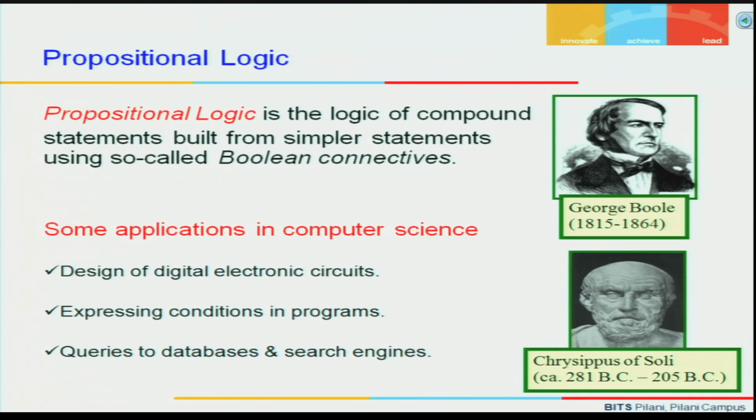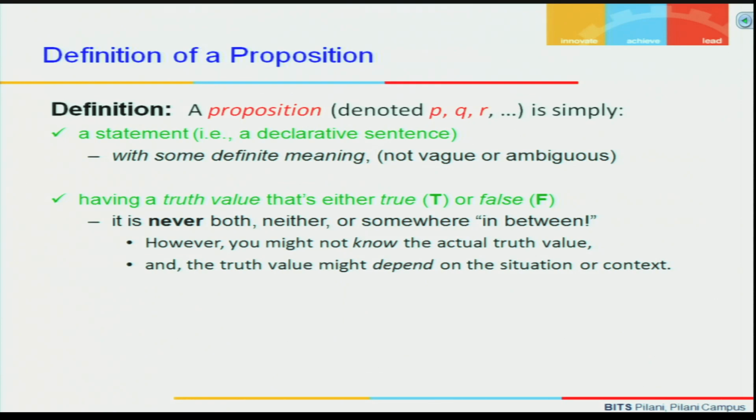Before getting into what propositional logic is, first let me define what a proposition is. A proposition is a simple declarative statement with some definitive meaning. There should not be any ambiguity or vagueness in that declarative statement, and that statement should be either true or false, but it should not be both, or anywhere in between true and false.